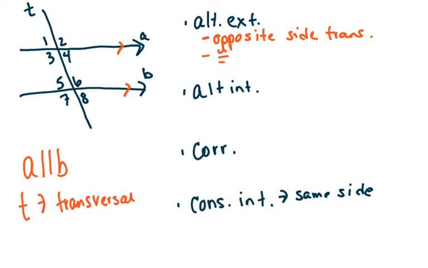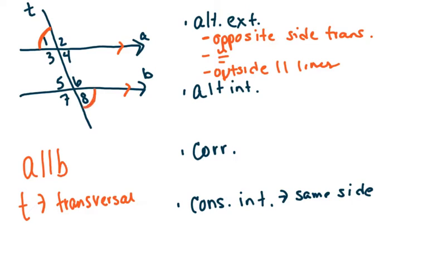So looking at my diagram, examples of alternate exterior angles would be, so my transversal again, guys, is letter T. If I were just to pick one, I need to go on the opposite side now, outside the parallel lines, so that's something else you might want to write, outside parallel lines, meaning outside of it, opposite side, would be angle 8.